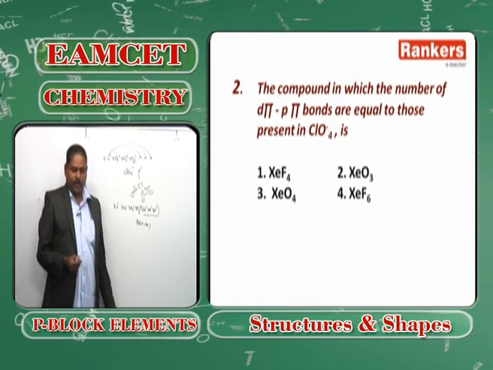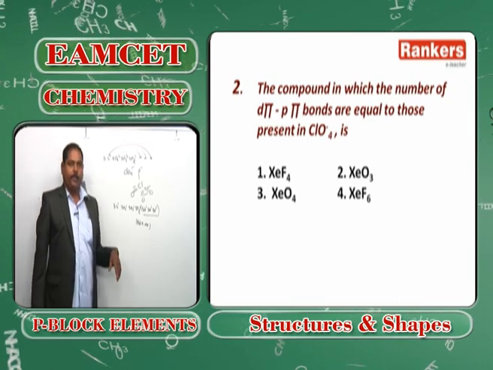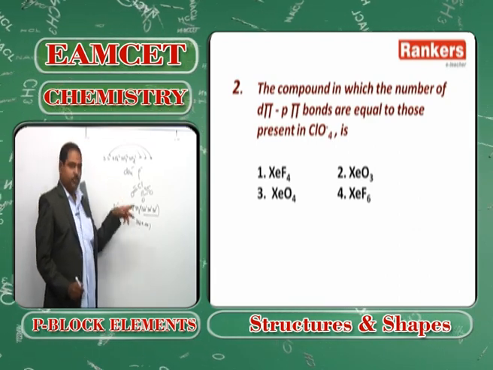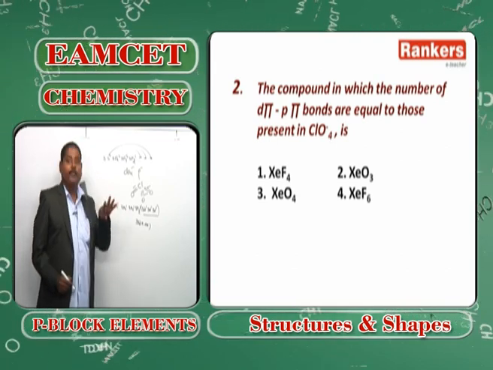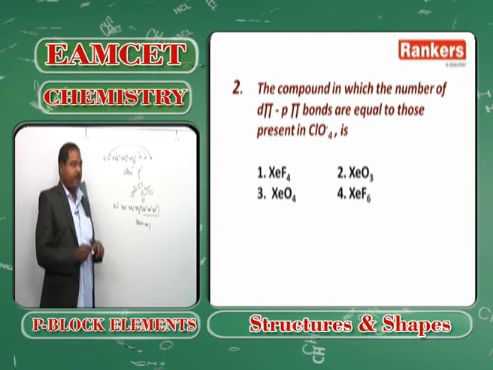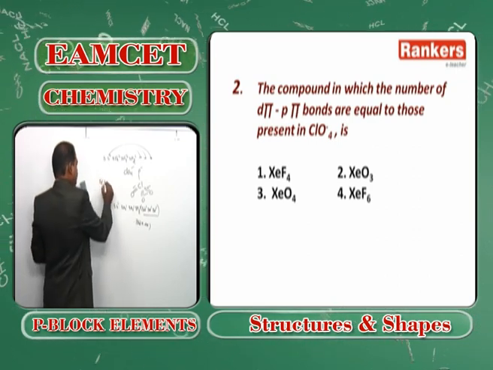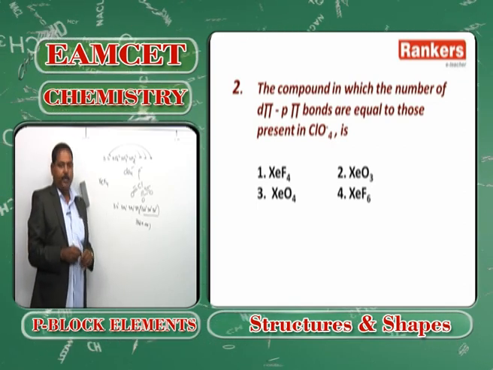Among the options, you have XeO3. XeO3 has 3 dπ-pπ bonds, just like this. XeO4 has 4 dπ-pπ bonds. ClO4 minus has 3. XeF4 has no pi bond at all, so no question of any dπ-pπ bond.